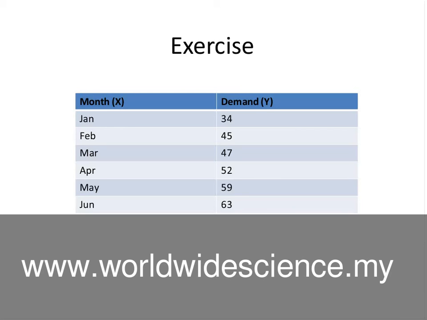A and B are two constants. I think you need to study the mathematics, because it's related to the mathematical linear equation. What was the formula for the linear equation?